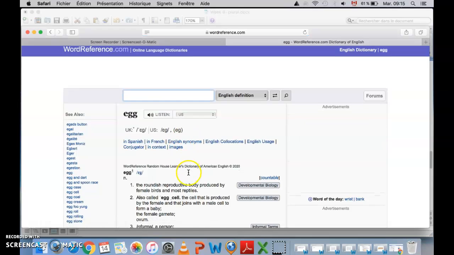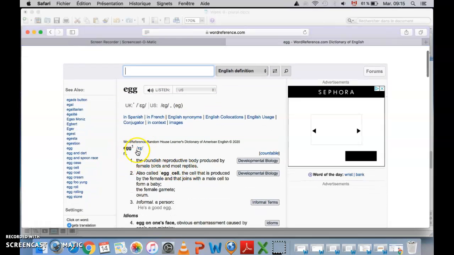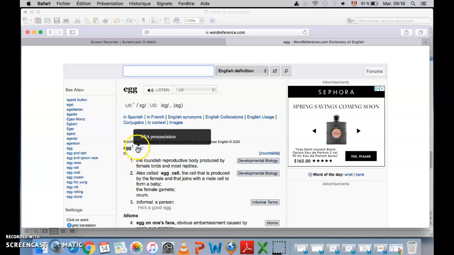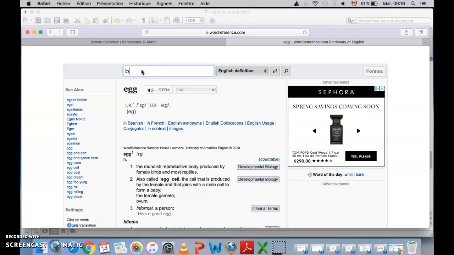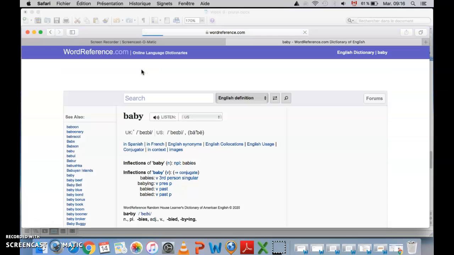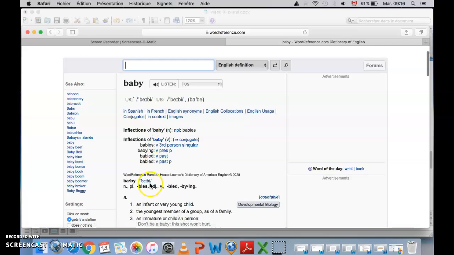If there's nothing written here, it means that you just put the S, eggs. If I write baby, look here. It gives you the plural, babies. That's how you put it plural.